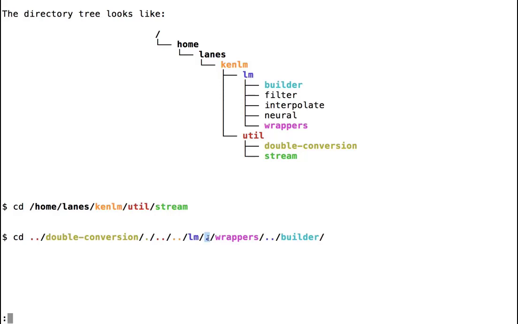And because dot, which we see here in blue, refers to the current directory, ../double_conversion/./../../lm/. also refers to lm.